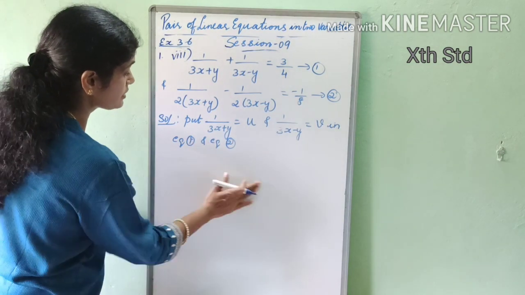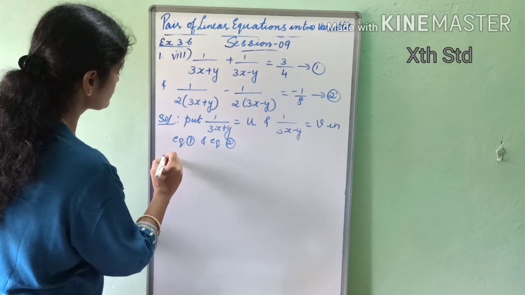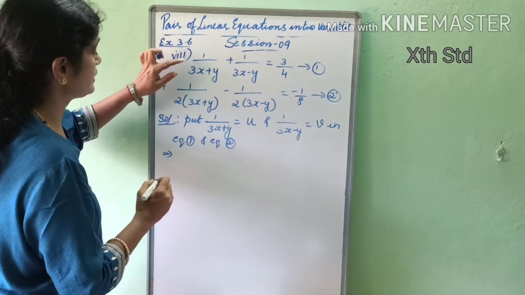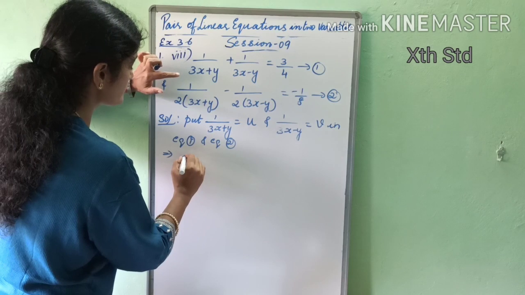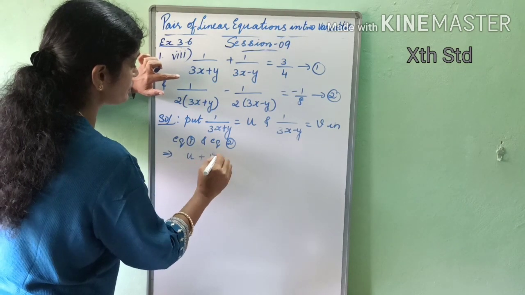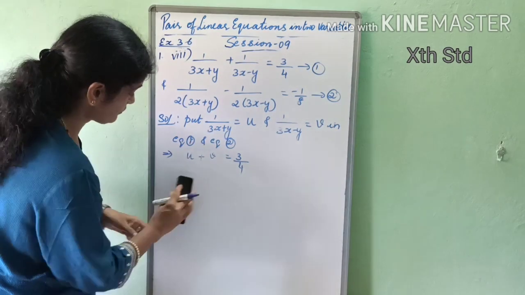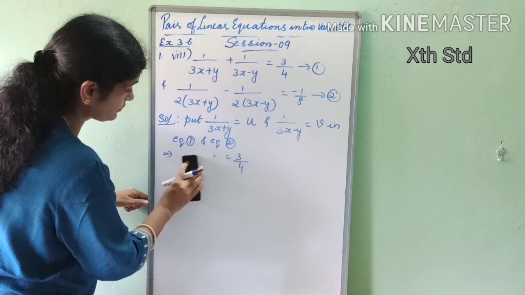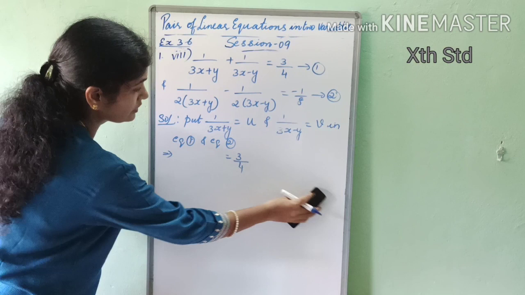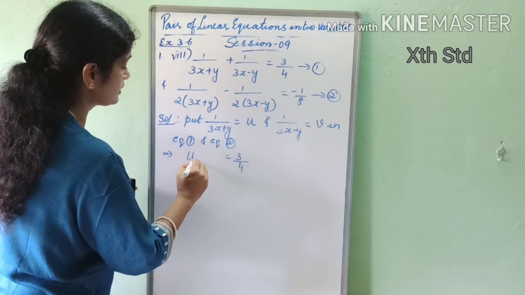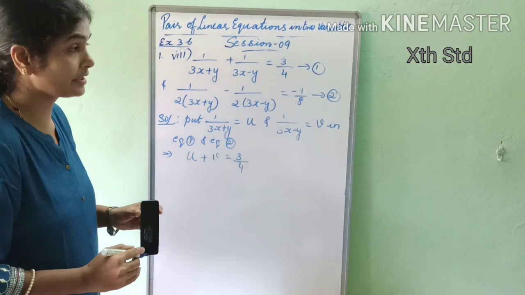So what do we get? In equation 1, if you are putting, it is u plus v equal to 3 by 4 you get.